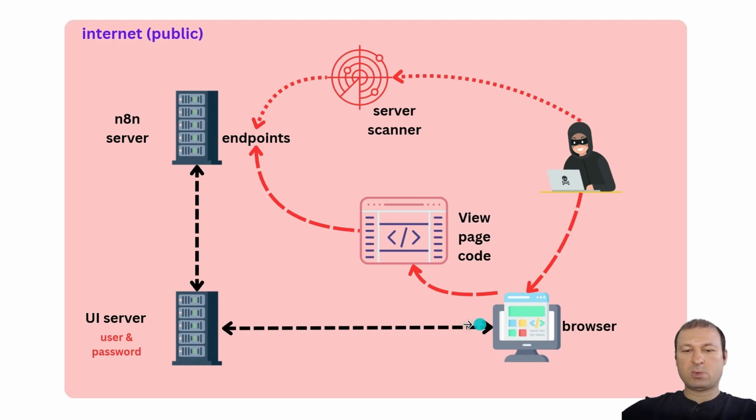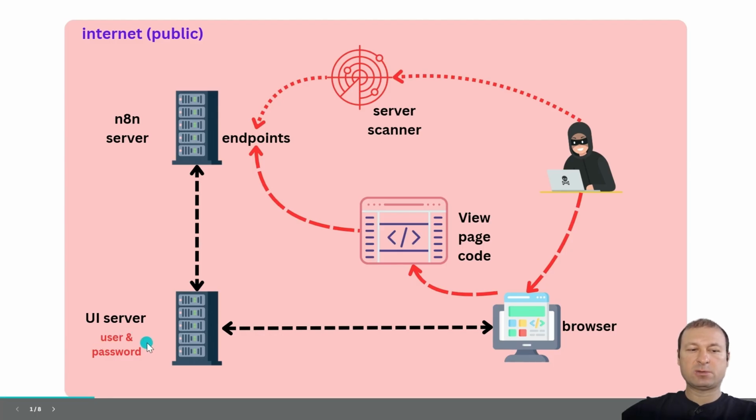And this dashboard, of course, will call the n8n server. We have here the UI server, basically the server hosting the UI for the browser to display. Here the UI server and the n8n server can be the same server, but for isolation and to clearly show it, I will display it as two separate servers.